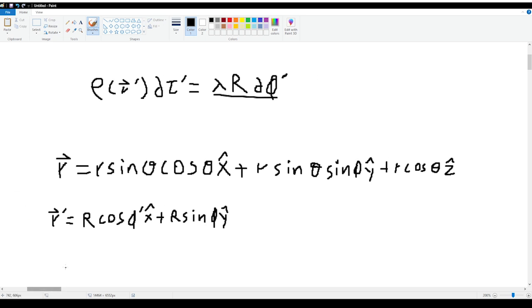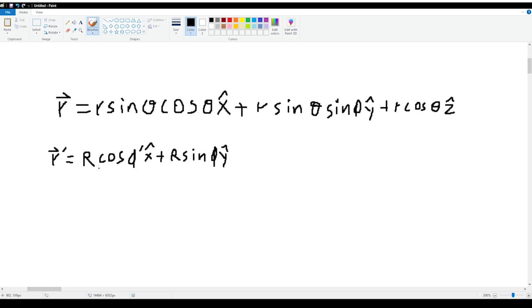Alright, and then from this we can recall the definition of the dot product of vectors, and so we can dot these two, and we'll get their magnitudes times the cosine of the angle between them, right?